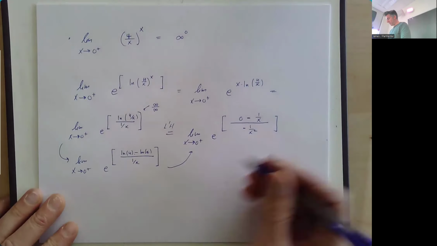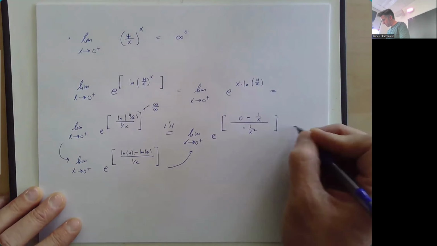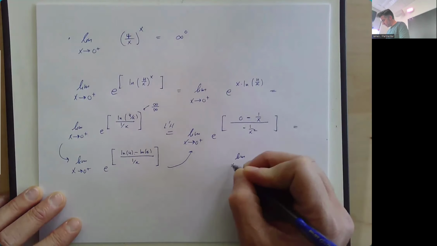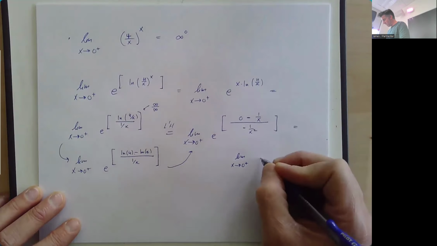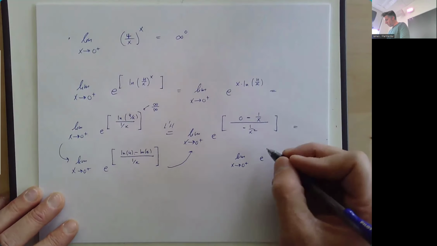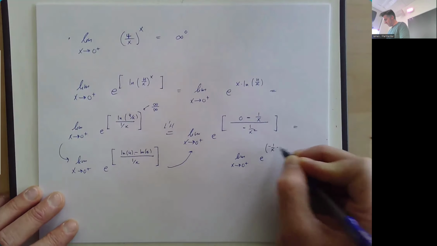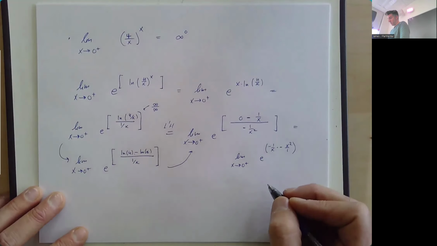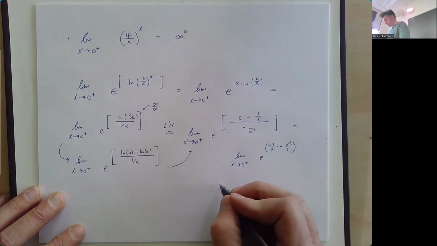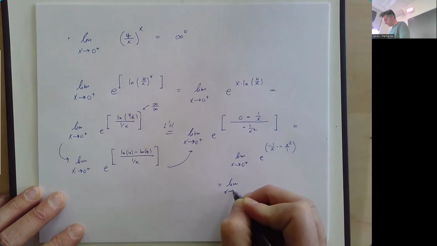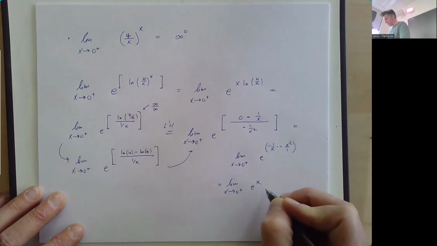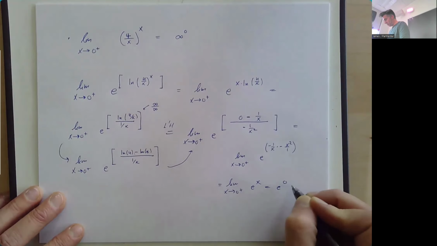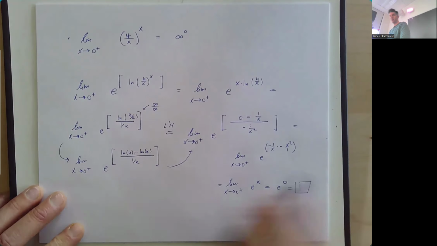All right, simplifying this, we have the limit as x goes to 0 from the right of e to the negative 1 over x times negative x squared over 1, which simplifies to just x. So you've got the limit as x goes to 0 from the right of e to the x, which becomes e to the 0, which is 1.